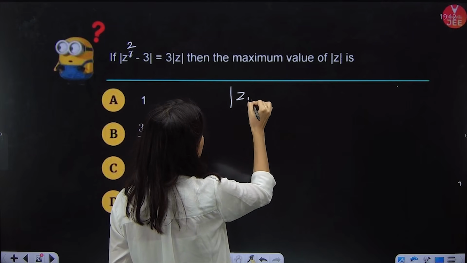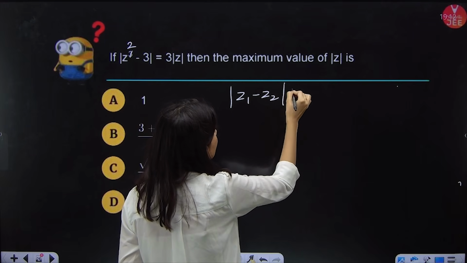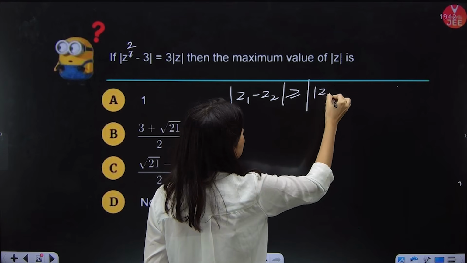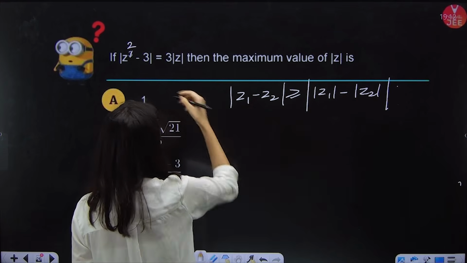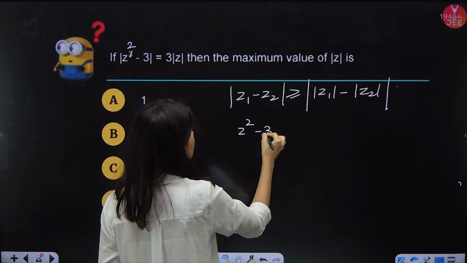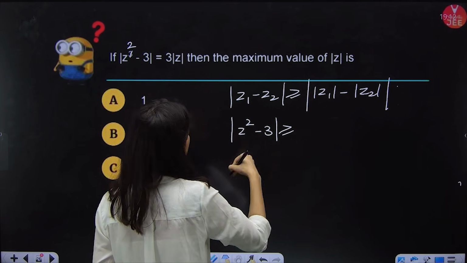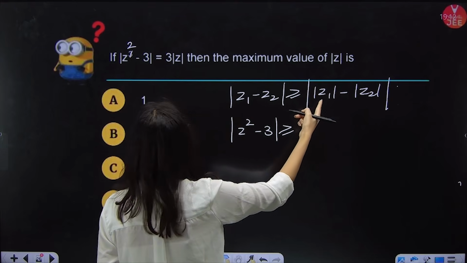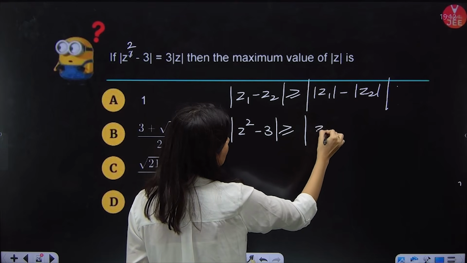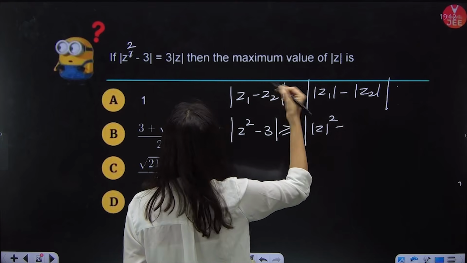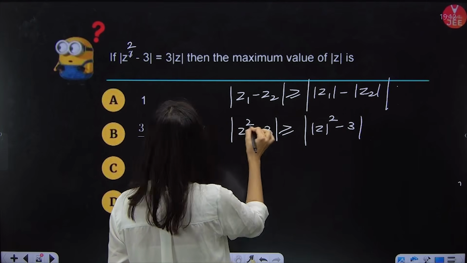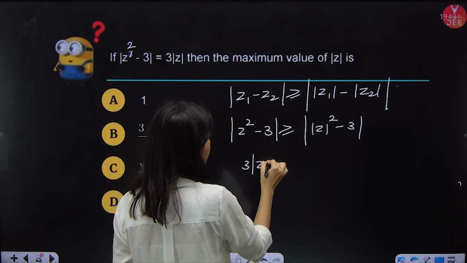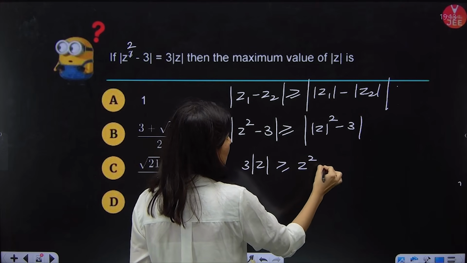So mod of Z1 minus Z2 greater than or equals to mod Z1 minus mod Z2. So this is mod Z square minus 3 greater than or equals to mod Z square minus mod 3. That's it. So in here, this can be replaced by 3 mod Z greater than or equals to Z square minus 3.